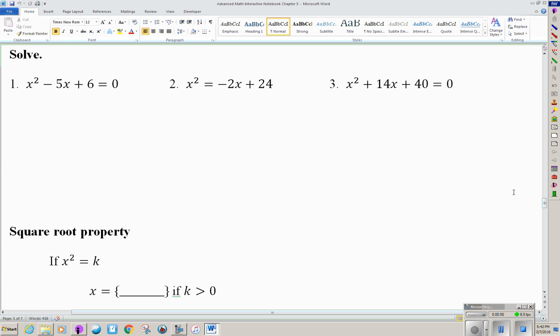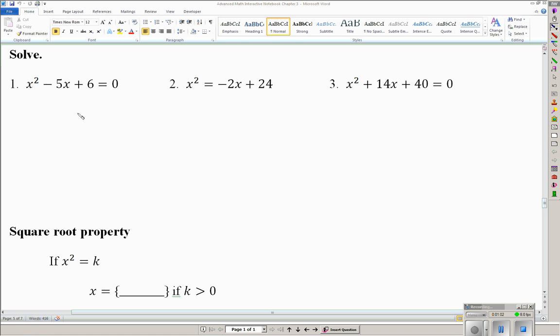So for this first one, x squared minus 5x plus 6 equals 0. Since everything is already on one side, let's factor it. I know that x squared becomes an x and an x.